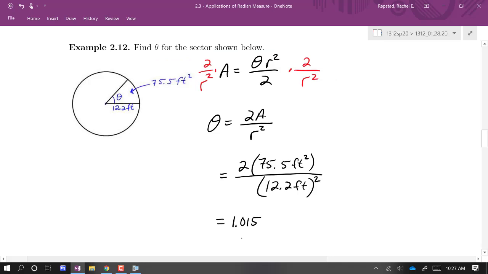What are the units on this? It's radians. Notice that square feet cancel with square feet, so there are no linear dimensions that come with it. It's in radians partly because it's dimensionless, and also the formula is only valid if theta is in radians.